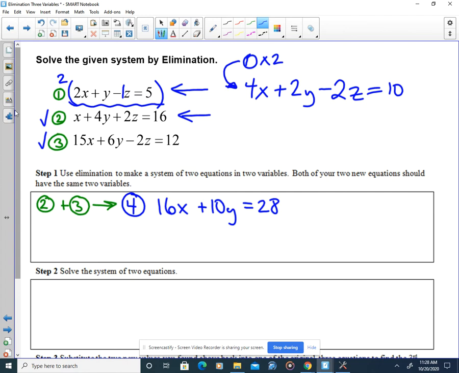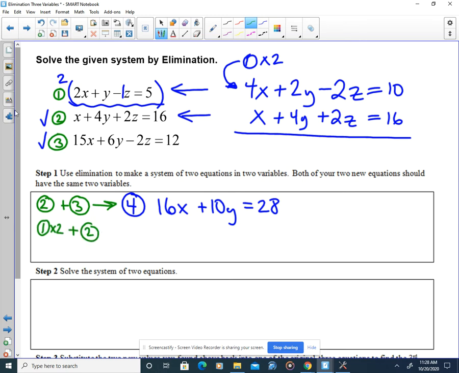Well, I'm just going to keep equation 2 the same. I'm just going to write it under it. So I got x plus 4y plus 2z equals 16. And I'm going to add these together. So here's what I did. I took equation 1, times it by 2, and I'm adding equation 2 to it.